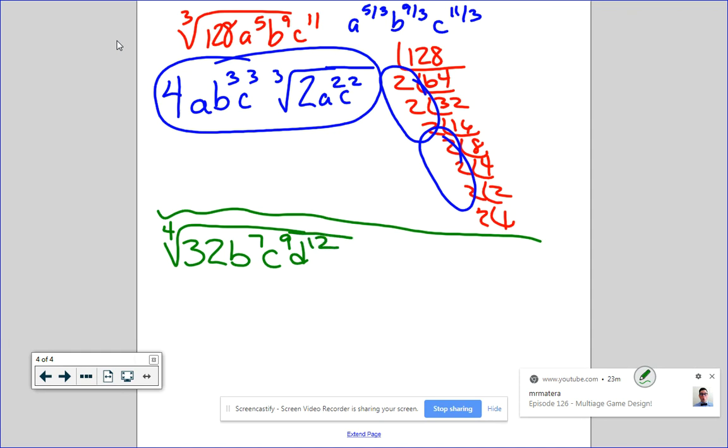Fourth root of 32, b to the 7th, c to the 9th, d to the 12th, right in lowest terms. Go.